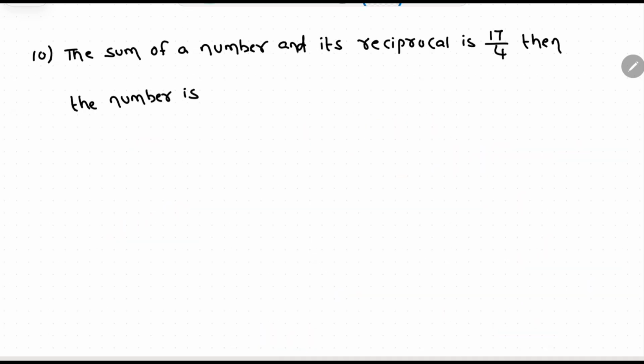Now in the given problem, sum of a number and its reciprocal. So if I take the number as k, what is the reciprocal? The reciprocal will become 1 by k.